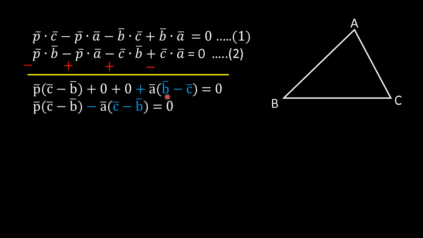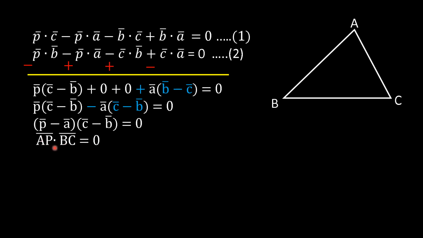We will write this B bar minus C bar as C bar minus B bar and change this plus sign to minus sign. We will write this as P bar minus A bar multiplied by C bar minus B bar. P bar minus A bar will be AP bar and C bar minus B bar will be BC bar.